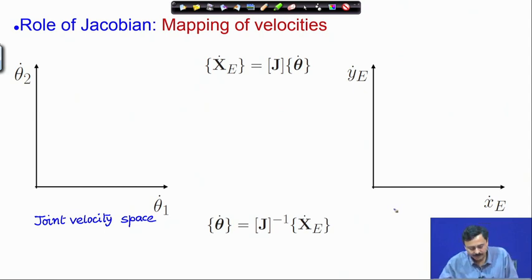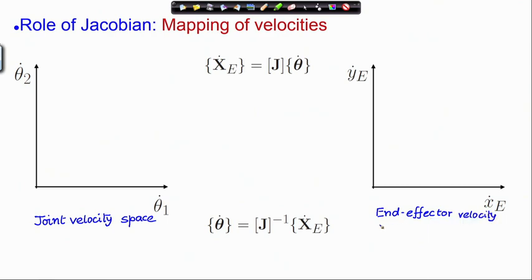On the right I have the end effector velocity space, having x e dot and y e dot on the axes. Now, this is just for visualization, it is nothing like theta 1 dot is orthogonal to theta 2 dot, but this is just for visualization. I have taken the Cartesian frame.